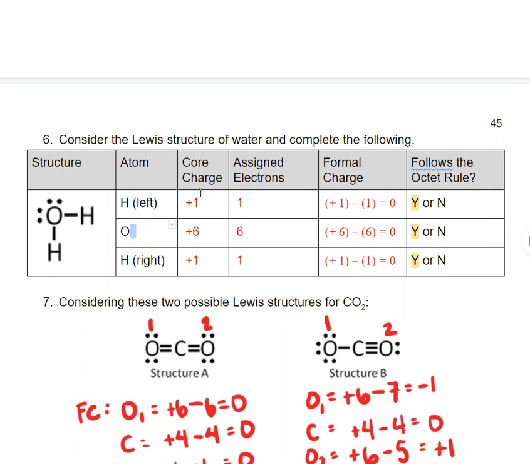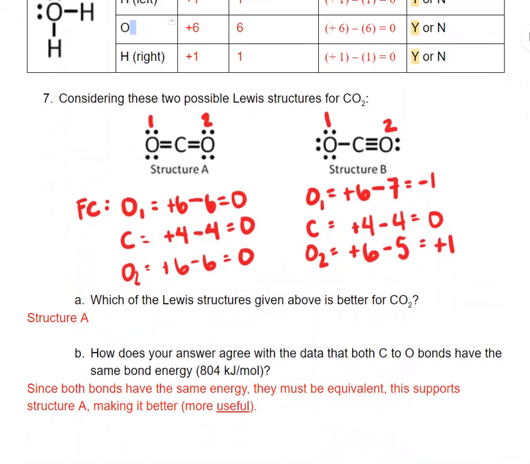That means I have one assigned electron for each hydrogen coming from that single bond. In the case of oxygen, I've got 1, 2, 3, 4 lone electrons plus 2 from these single bonds, so that'll give me a total of 6. Whenever I solve this, I end up with formal charges of 0, and everybody follows the octet rule. So I know this is a good structure for water.